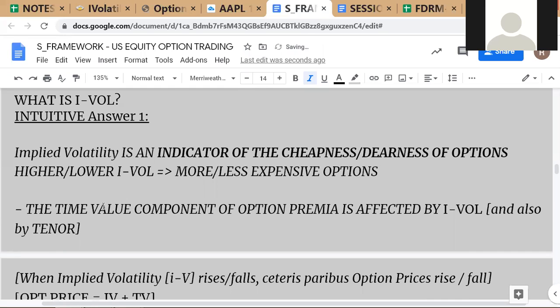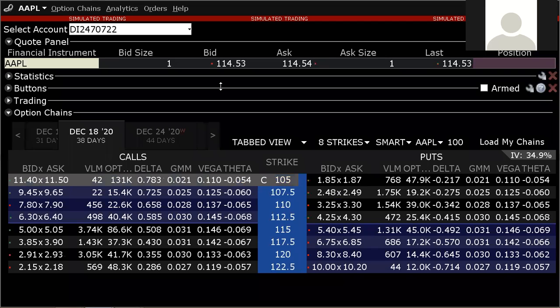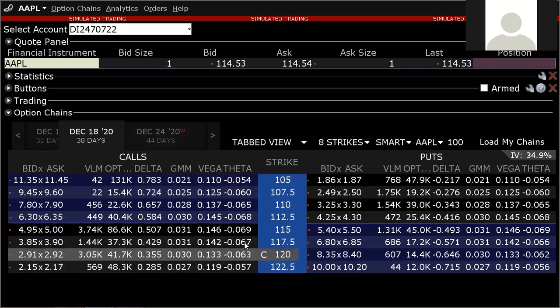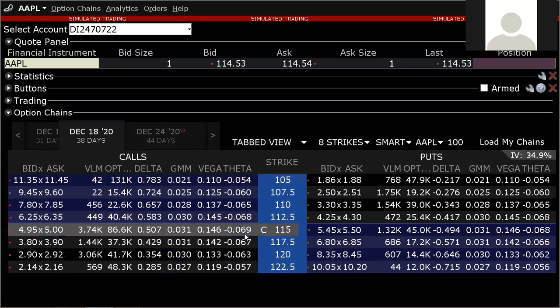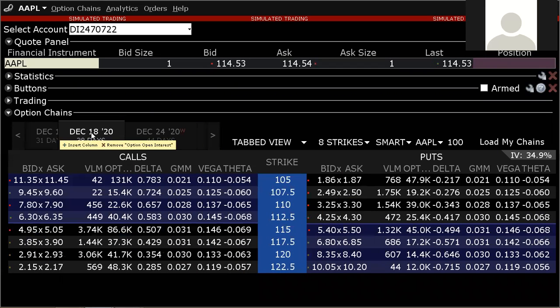What we are trying to learn here is this: suppose you have a team trading options, and your team has decided to buy Apple calls for December 18th expiry.